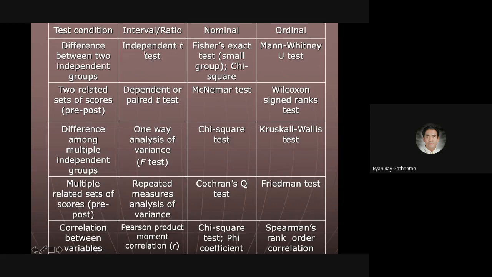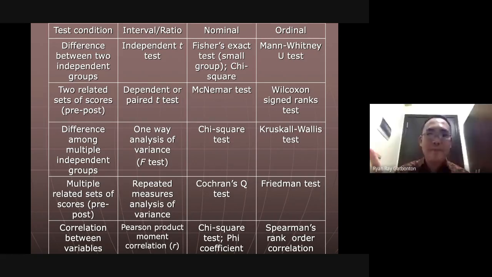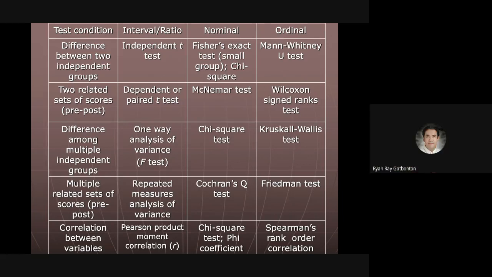Independent, tandaan, independent meaning different groups, magkaibang group na hindi konektado sa iisa. Pero if that set of tests ay two set of scores ay magkadugtong, meaning galing sa isang grupo pero magkaibang test, magkaibang measurement as in the pre-test post-test designs, ang ginagamit diyan is dependent or paired t-test.